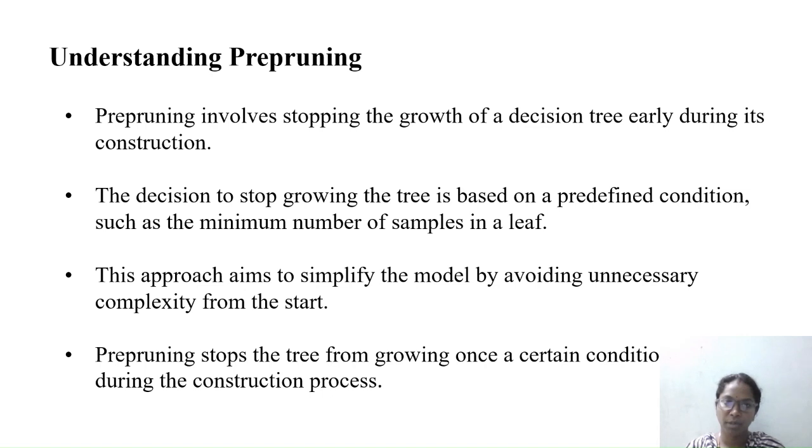Understanding the pre-pruning approach. Pre-pruning involves stopping the growth of the decision tree at the earliest stage, before fully constructing the tree. The decision to stop growing the tree is based on predefined conditions such as a minimum number of samples in a leaf.